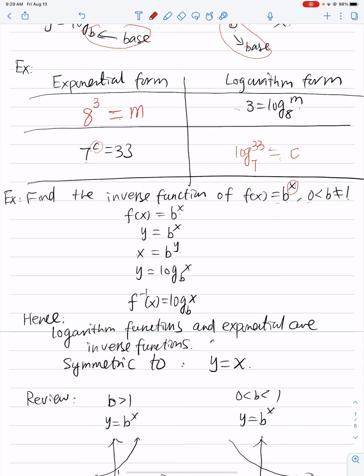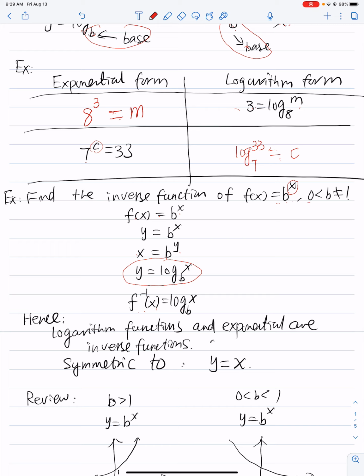You exchange x and y: x = b^y. And what will y be? y will be log_b x, that is the definition. So f inverse of x is log_b x. So what does this tell you? Logarithm functions and exponential functions are inverse functions.